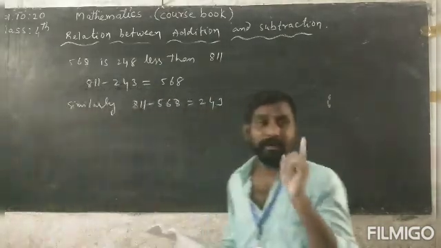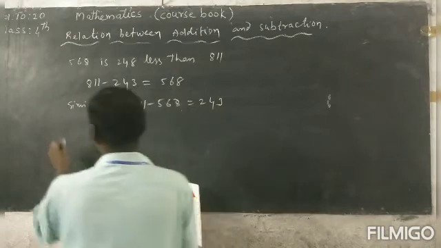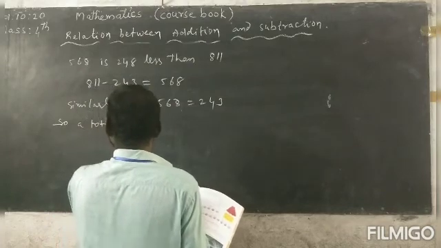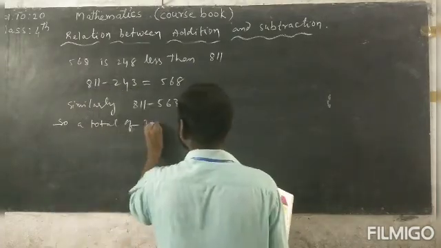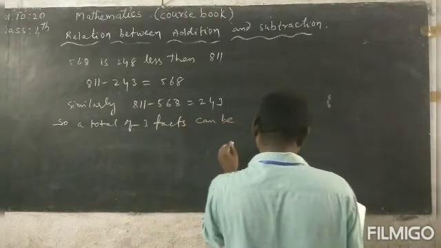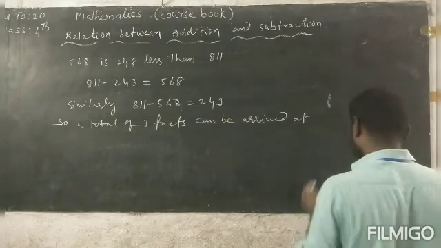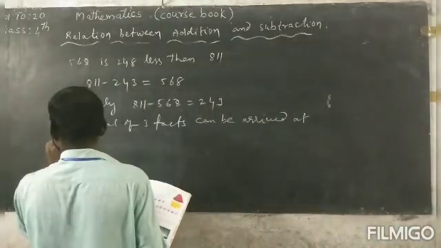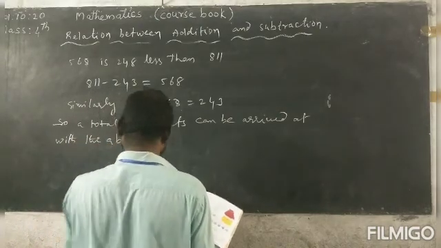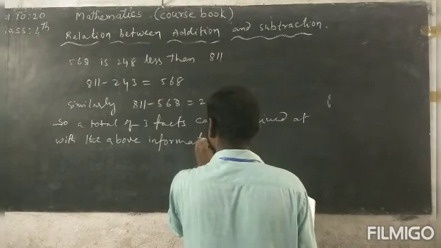And means one addition fact can give 2 subtraction facts. See, a total of 3 facts can be arrived at with the above information.